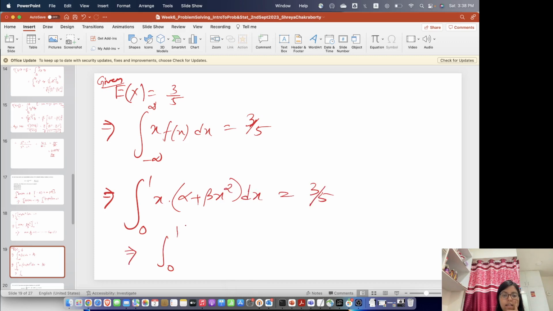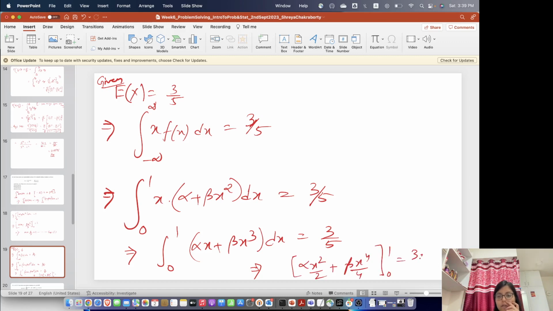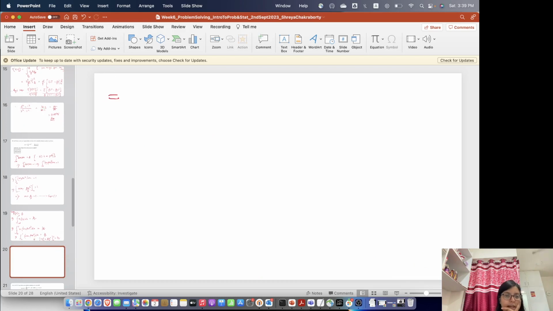So we can write it as integral 0 to 1 of alpha x plus beta x cube dx equals 3 by 5. So then we can write it as alpha x square by 2 plus beta x to the power 4 by 4, from 0 to 1, equals 3 by 5.